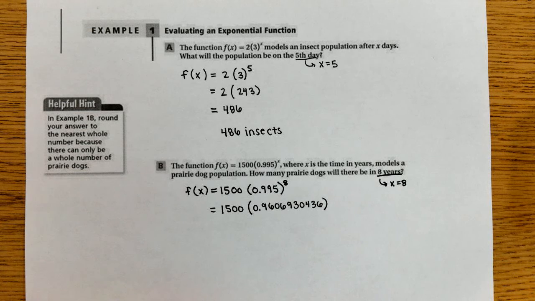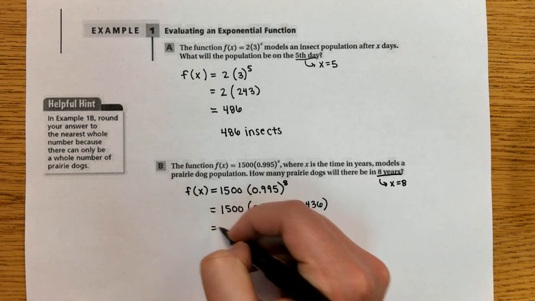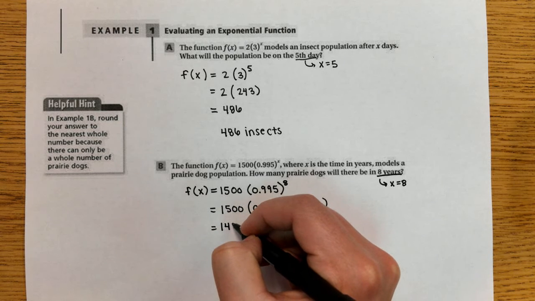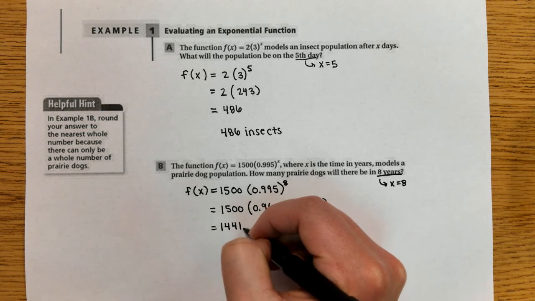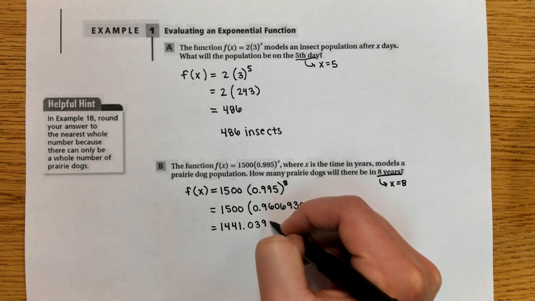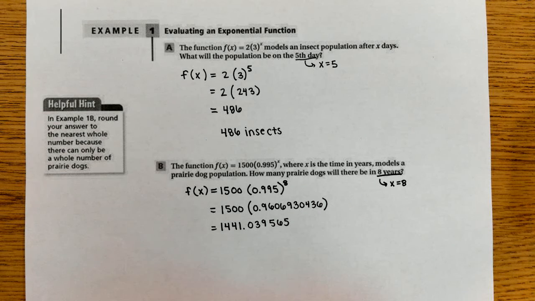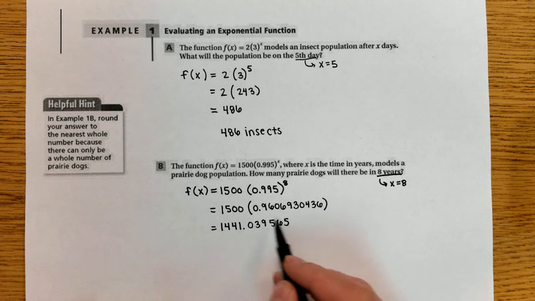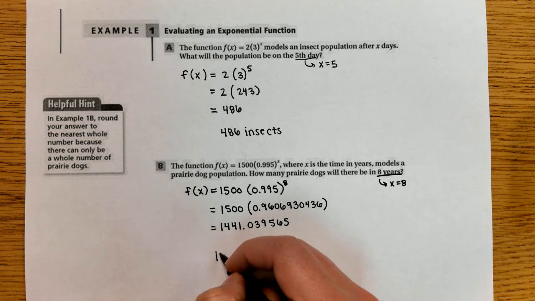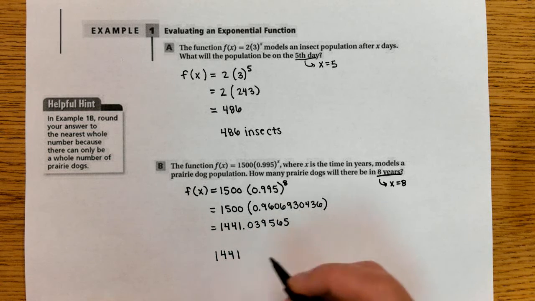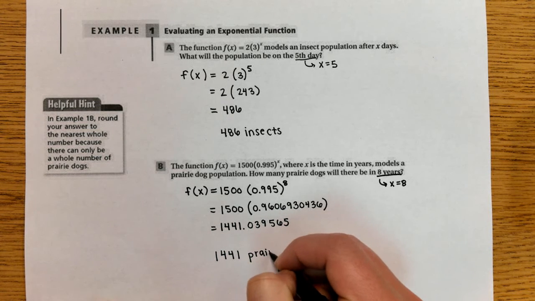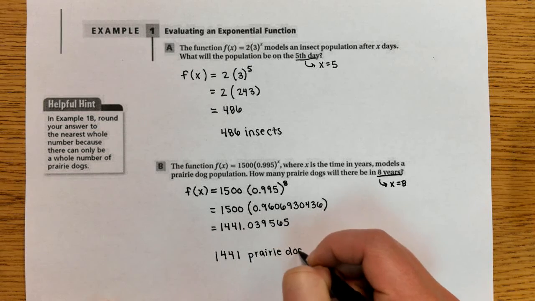And then we're going to take this and multiply it by 1,500, and you get 1,441.039565. Here we're going to round because we're talking about population, so you can't really have part of a prairie dog. This is a very small decimal, so we'll just leave it as 1,441 prairie dogs.